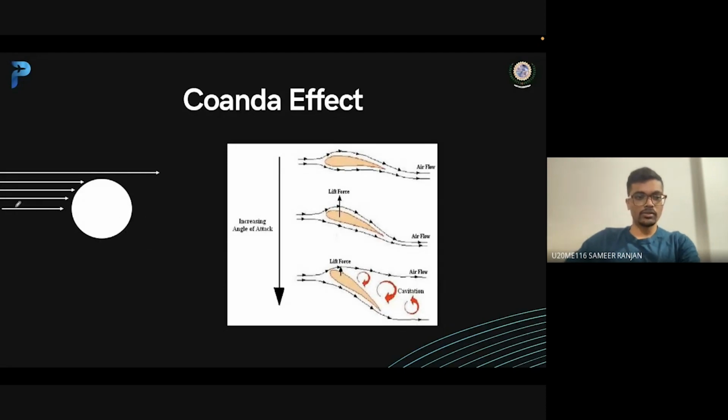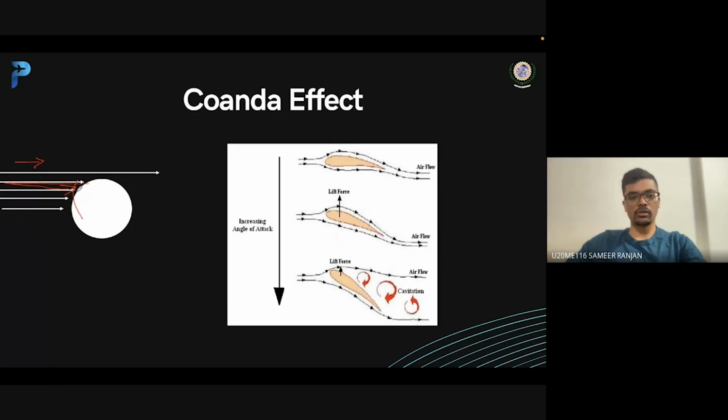In this picture, you can see a flow of wind approaching a spherical geometry. The flow coming into this region gets blocked by the geometry.